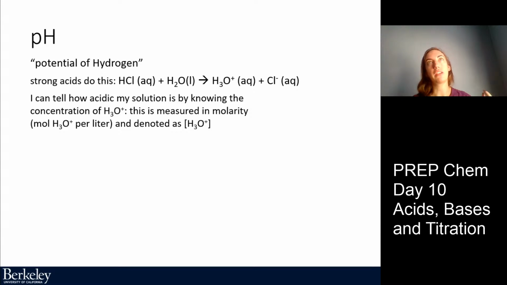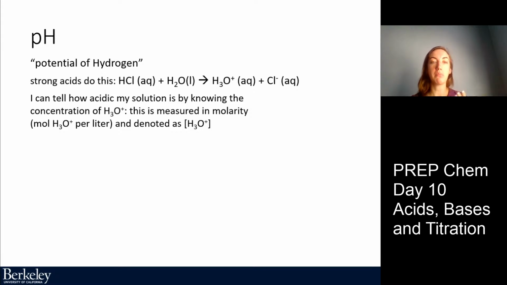So if you remember, we talked about reactions going forward and backwards. The HCl plus H2O reaction is going to go all the way to the H3O plus Cl minus products, whereas the CH3COOH reaction is not. So really what we're thinking about is what is our concentration of H3O plus.